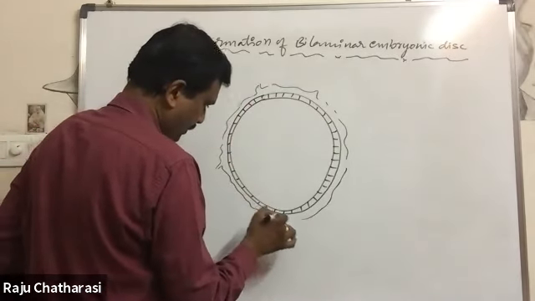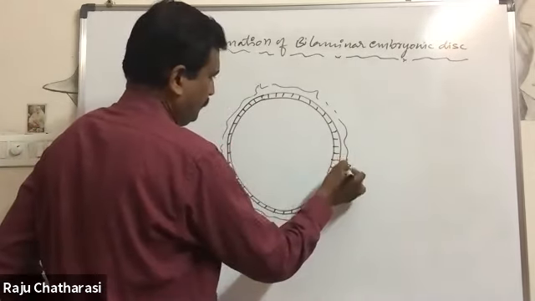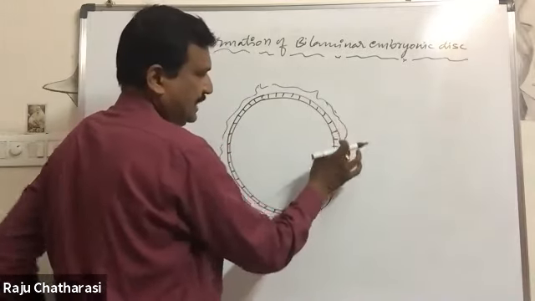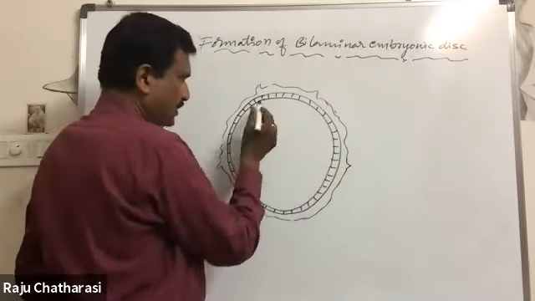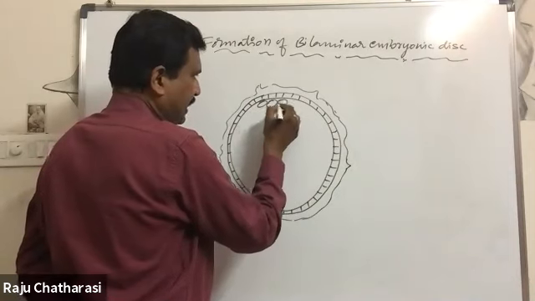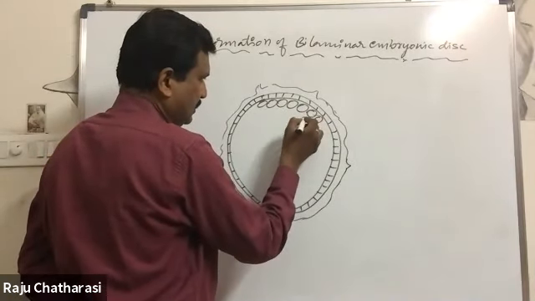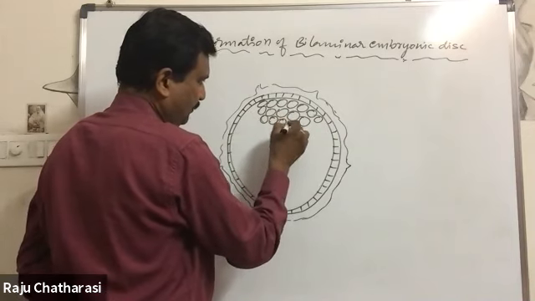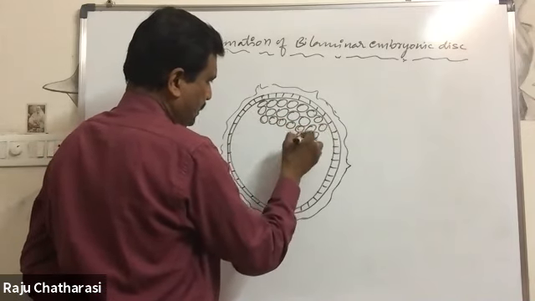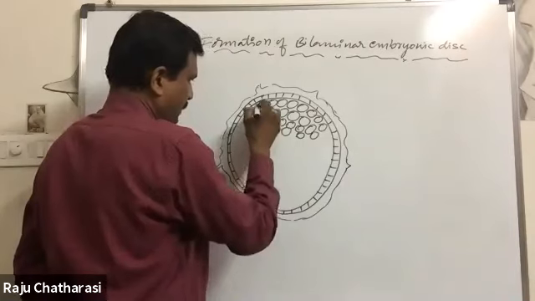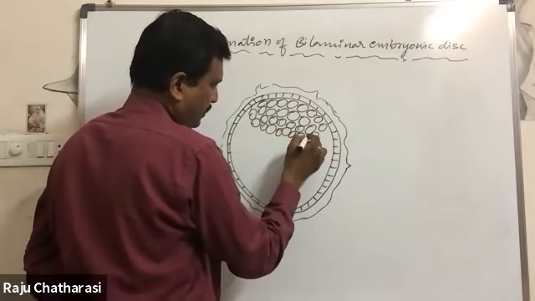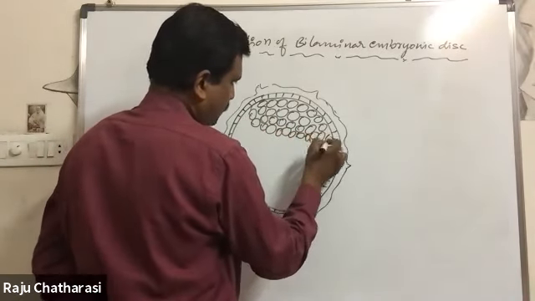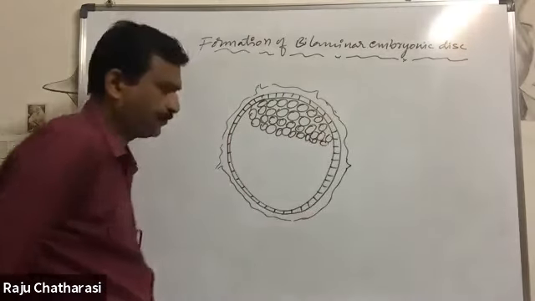There is no issue with this layer, right? This is syncytial trophoblast, cytotrophoblast. Here, this is inner cell mass, embryonic stem cells. They are arranged like a disc. That is why it is called blastodisc.